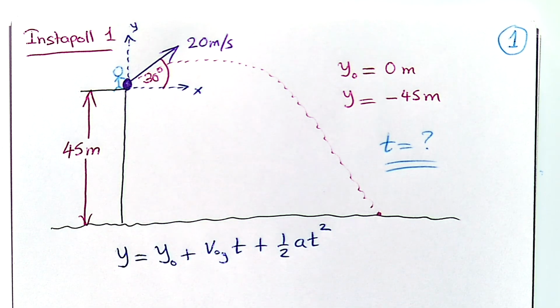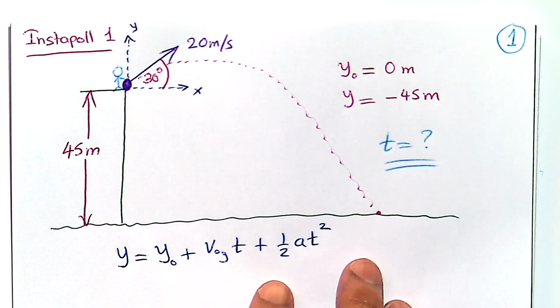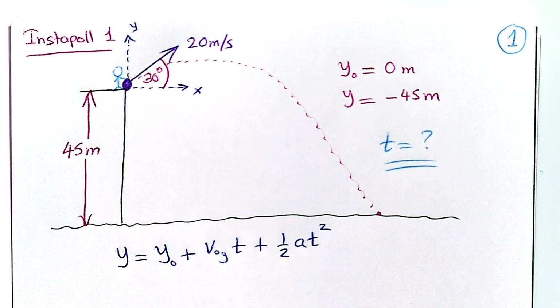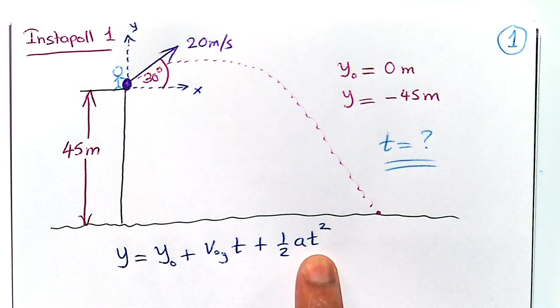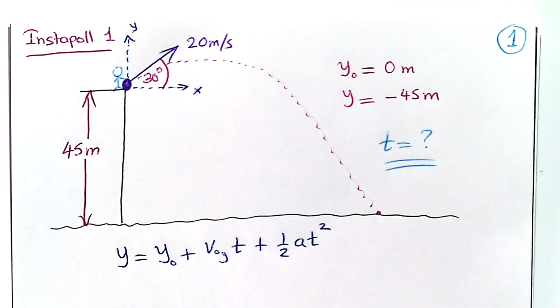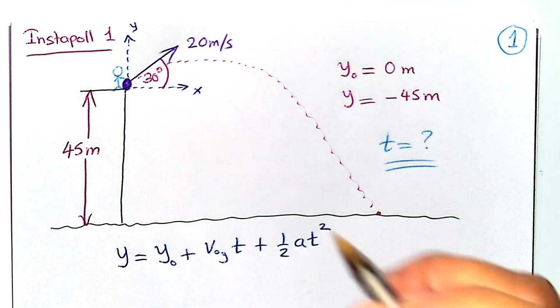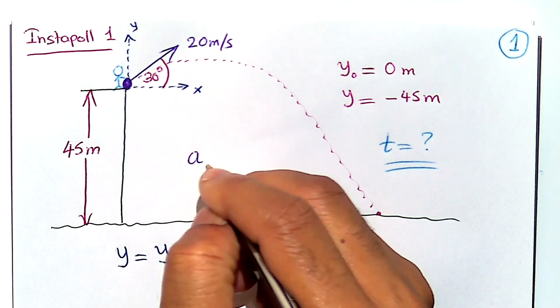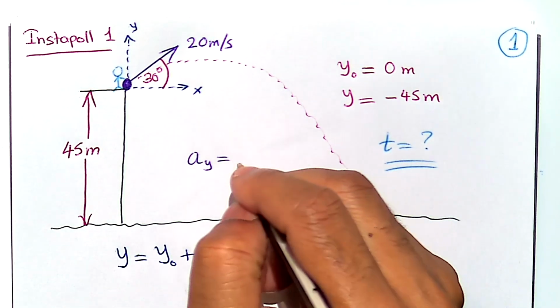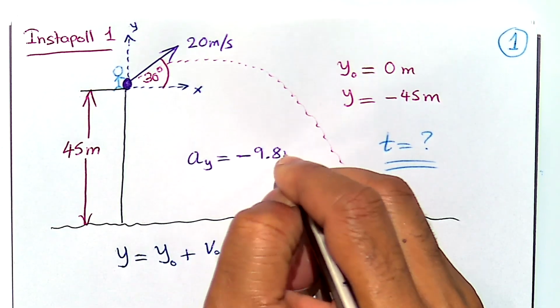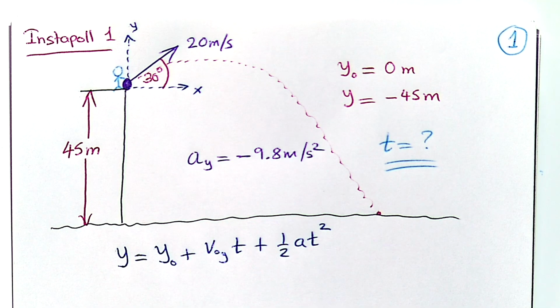If you get stuck, no problem, use a different equation. So just reason your way through the equation. Let's pick this one. Why is this a good choice? It has time, that's good. We're solving for time. We have the acceleration due to gravity. We know that on Earth, the acceleration in the y direction here is negative 9.8 meters per second squared. So we have that number for a.